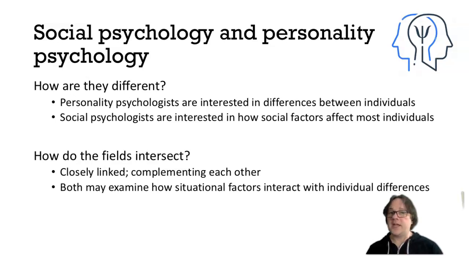Social psychology and personality psychology, at one point, there was really no difference between these two fields. You would basically get a degree, a PhD in social and personality psychology. Why? Well, because both are interested in the individual and in individual differences, right?